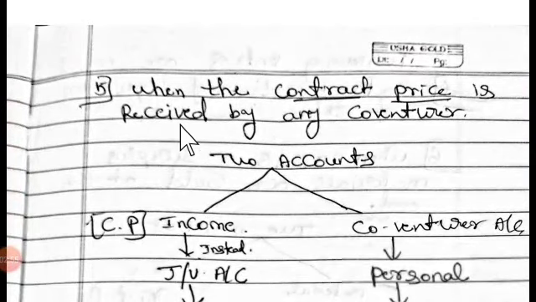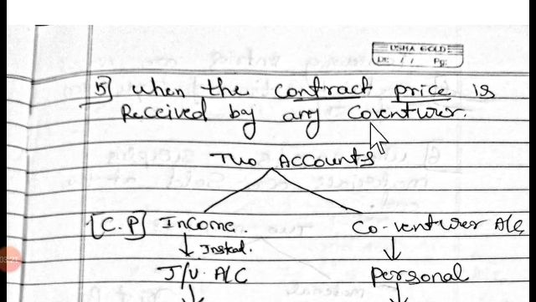In the same way, the contract price may be received by any co-venturer. In the expenses also we discussed the same thing: expenses may be incurred by the joint venture directly, or some expenses may be incurred by a co-venturer. In the same way, income may be received by the joint venture directly through the joint bank account, which we already discussed in the fourth entry.